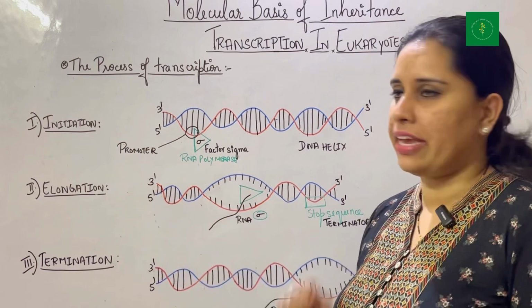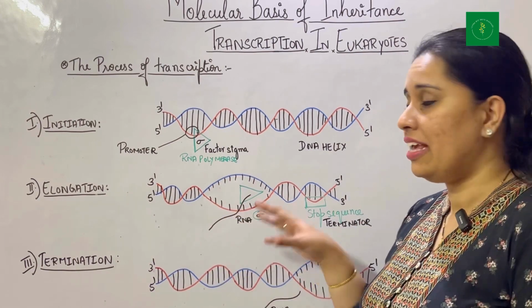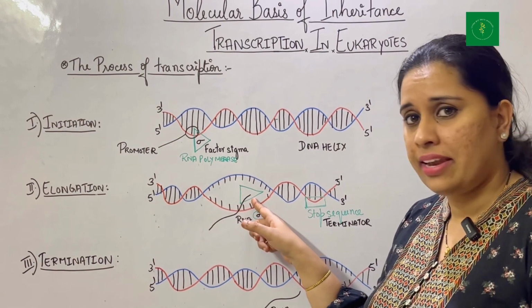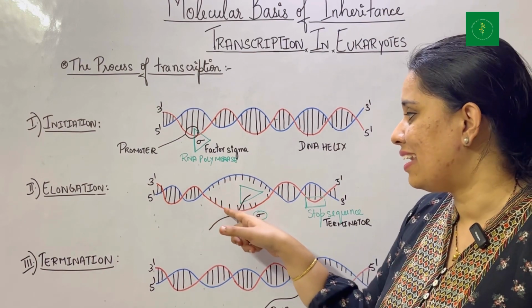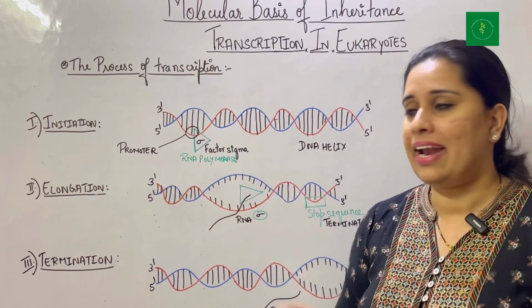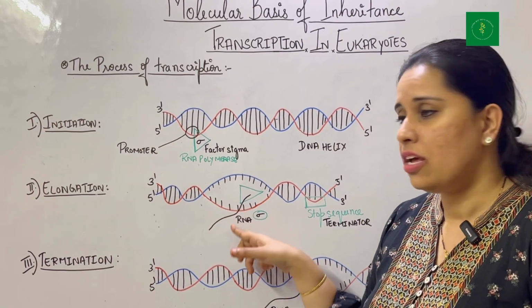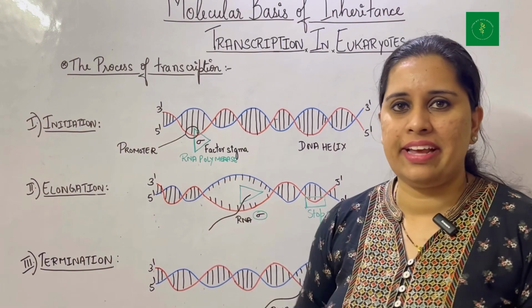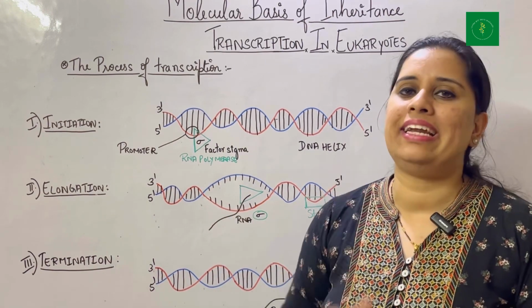Step 2, elongation. Here, the RNA strand starts getting longer, and the RNA polymerase recognizes the DNA nucleotide and keeps on adding RNA nucleotides to the growing RNA transcript. The RNA polymerase walks on only one DNA strand.